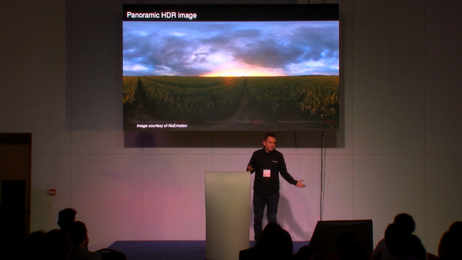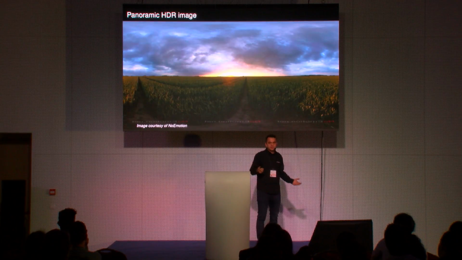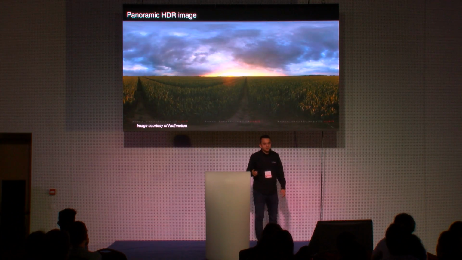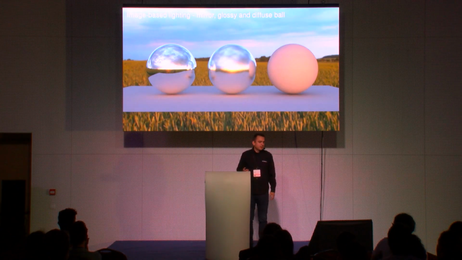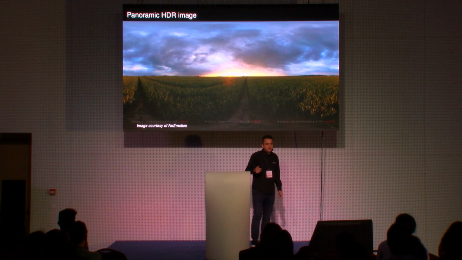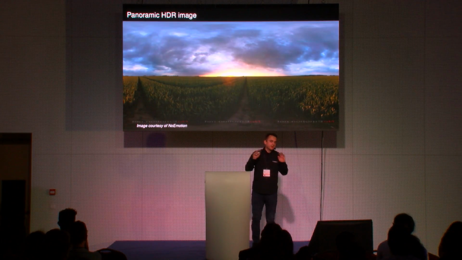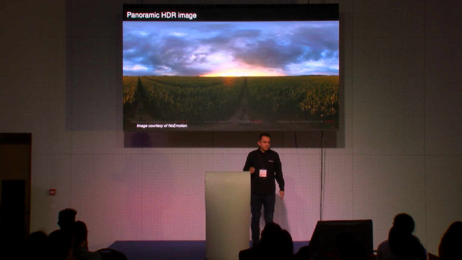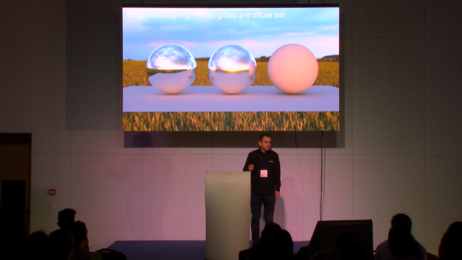which describes a spherical environment, and we can use images like this one here to light our scene. This is a very simple example of a scene lit by this same HDR. We use this spherical mapping in order to describe the lighting for these scenes.